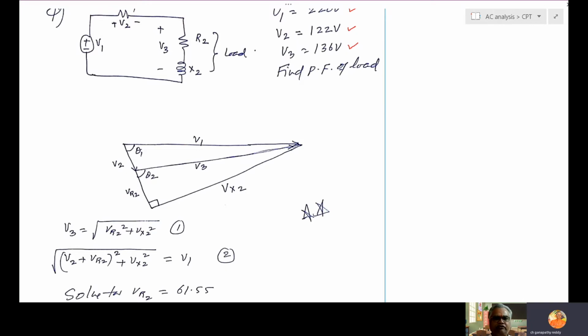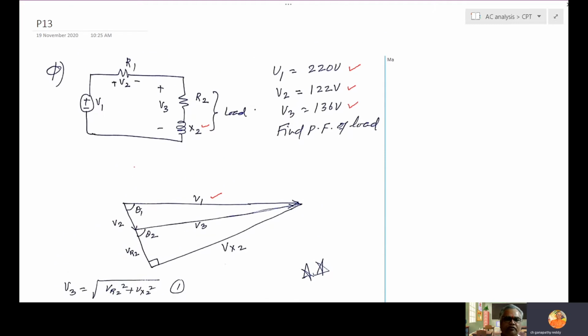Now applied voltage V1. So V1 is always having angle of 0. So this is V1. Then current is lagging. Why is current lagging? Because of inductive load. That current multiplied with R1, you will get V2. What is V3's specialty? V3 is nothing but voltage across R2 and voltage across X2.